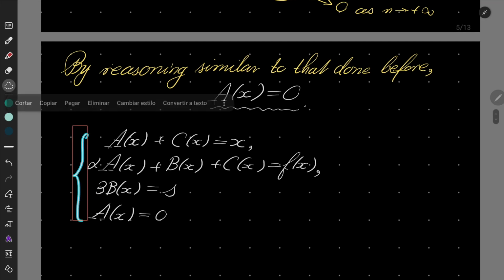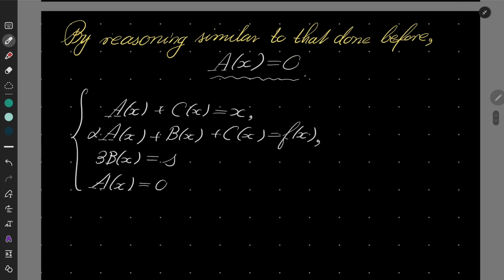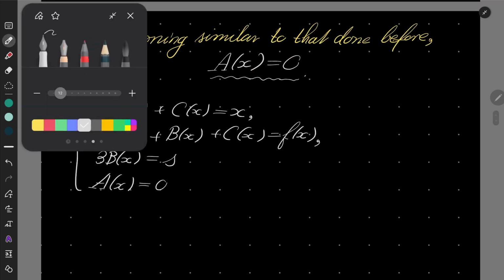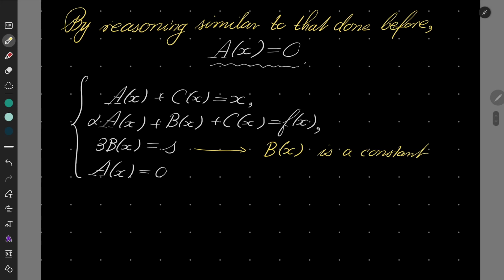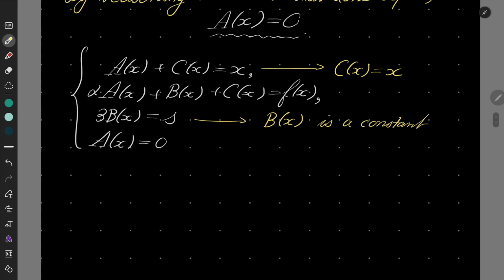And let's deduce something about our function. Well, from the third equation, again, s is a constant, so we see that b(x) is a constant, doesn't depend on x. And we see from our first equation that c(x) is just x, because a(x) is 0.